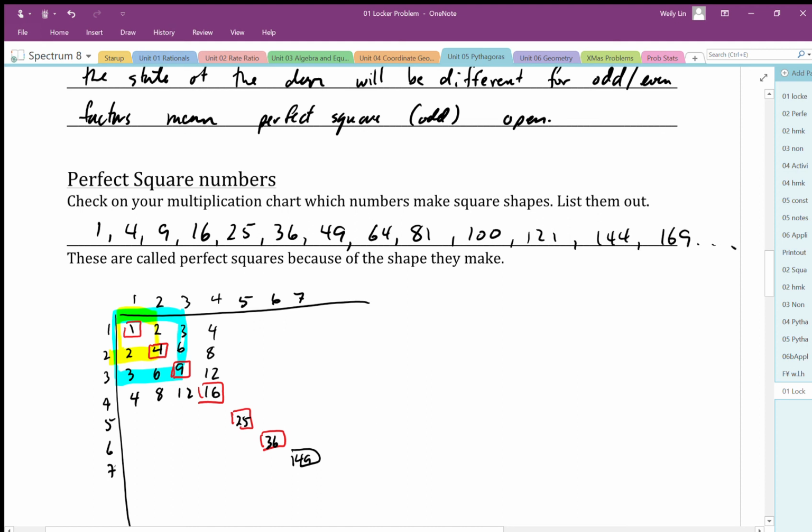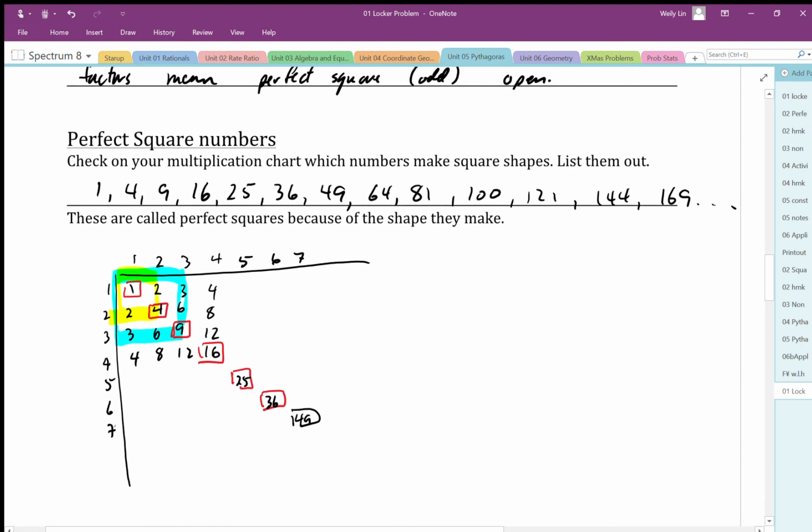They get more and more spread out, but these are our perfect squares, and they show up along the diagonal in our multiplication chart because if we take a length of 3 and a width of 3, it gives us square shapes and square areas. Same with 49, it's going to give us 7 and 7, which gives us a square area of 49.